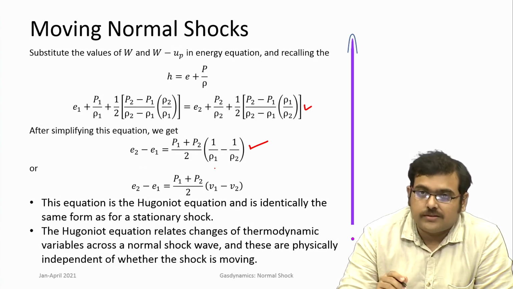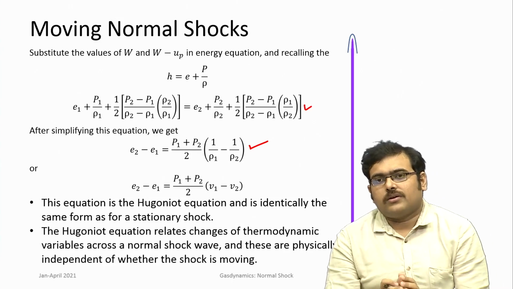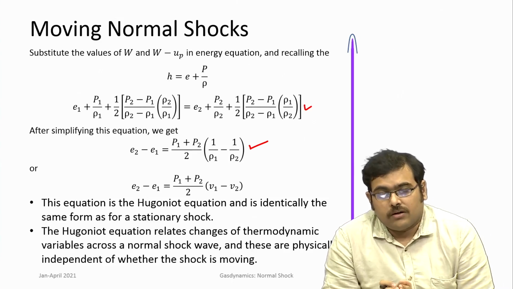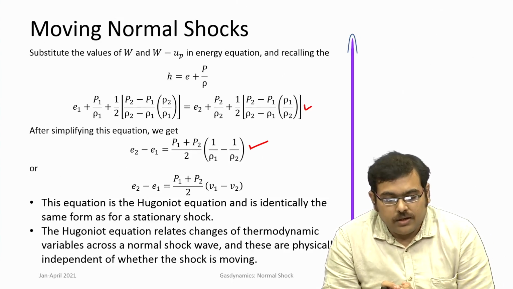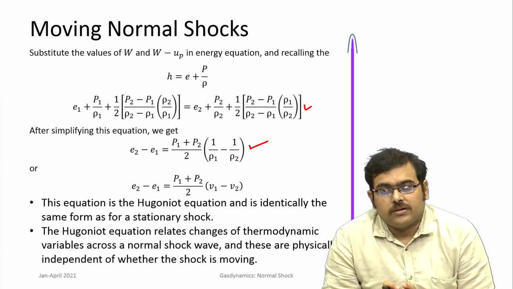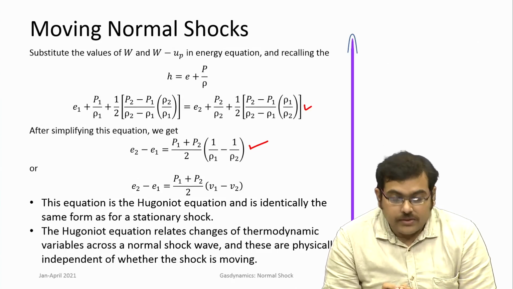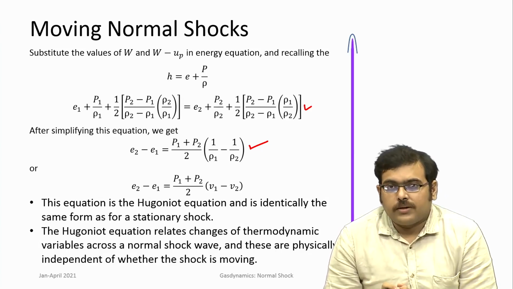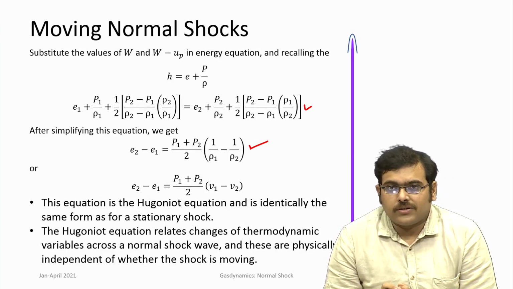So, the shock properties do not change, that is the thermodynamic variables, pressure ratio, temperature ratio, density ratio do not change across a moving shock when we analyze the shock relative to the shock wave itself. So, this is very important whenever you look at problems on moving shocks.